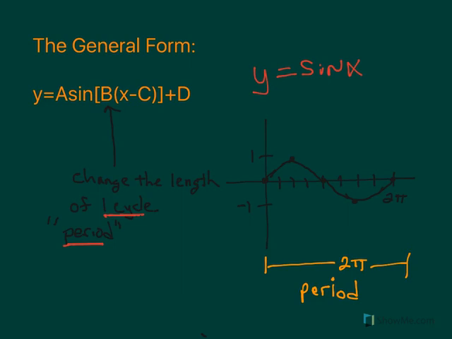If we have a b value, this b value is going to affect the length of the period. So basically what the b value is going to do is multiply the angle by a particular factor. If it's bigger than 1, it's going to speed the cycle up. If it's a fraction less than 1, then it's going to slow the cycle down.